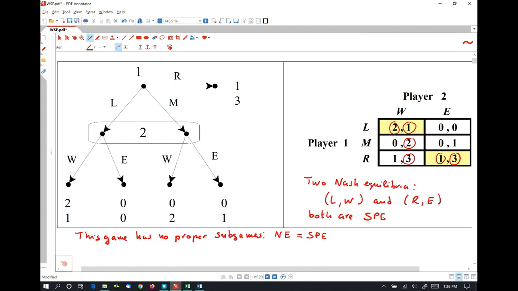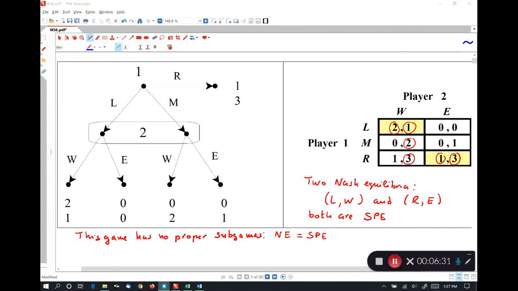subgame perfect equilibria precisely because the restriction that is used to define a subgame perfect equilibrium, namely that in every proper subgame you should still have Nash, does not apply in this game. So does that mean that we should consider both Nash equilibria reasonable solutions of this game?